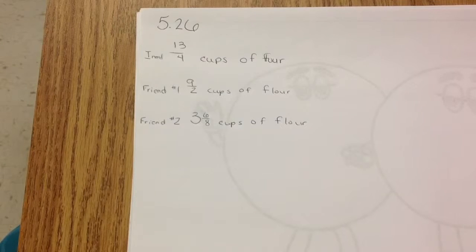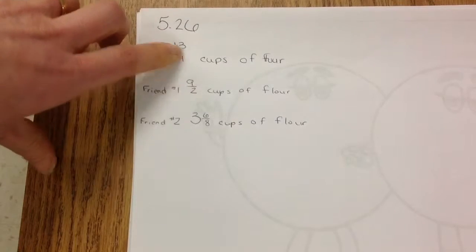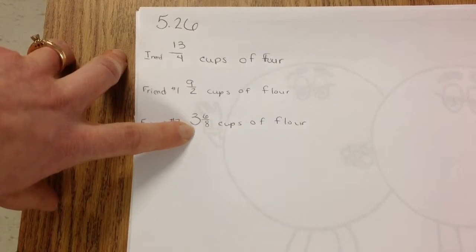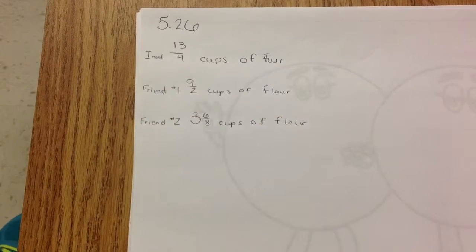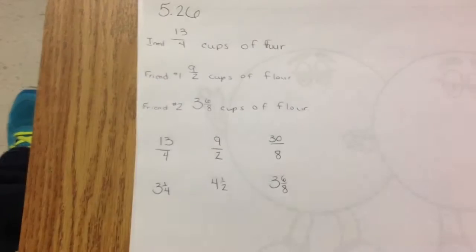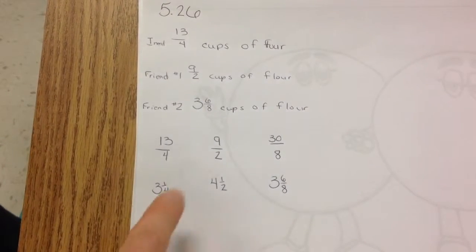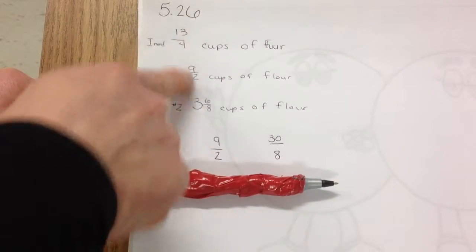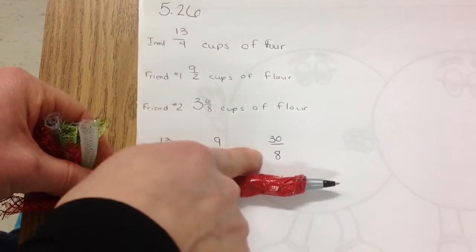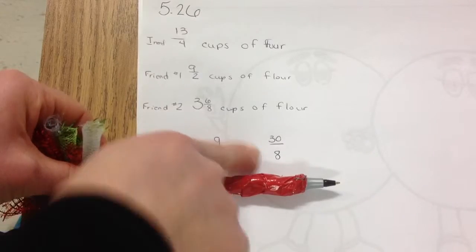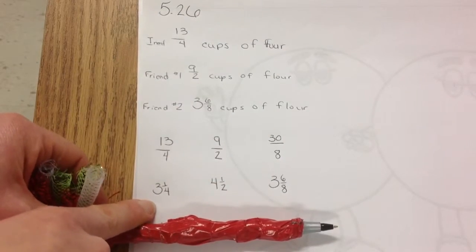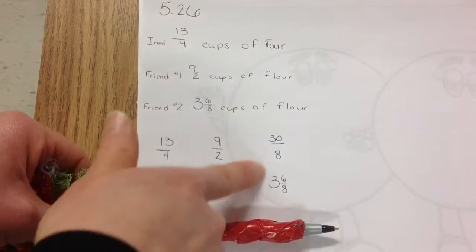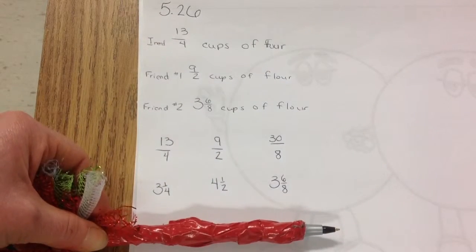So I'm going to have you pause and either change these into mixed numbers or change this into an improper fraction. Pause while you do this. I have done it both ways for you. I put 13/4, 9/2, and I changed 3 6/8 into 30/8. But then I also put it into mixed number form. 13/4 is 3 1/4, 9/2 is 4 1/2, 30/8 is 3 6/8.